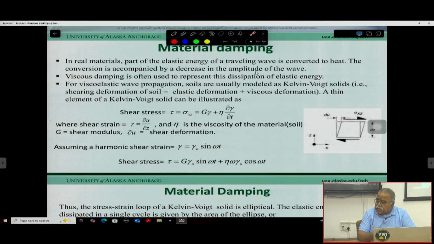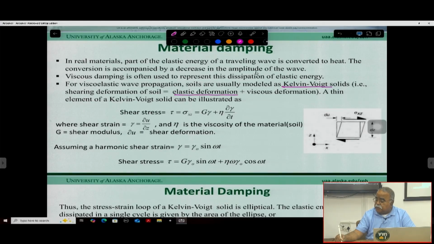Now there is a viscous damping, which we mostly use to represent this type of attenuation or dissipation of energy. So viscoelastic wave propagation is modeled as what we call a Kelvin-Voigt solid.